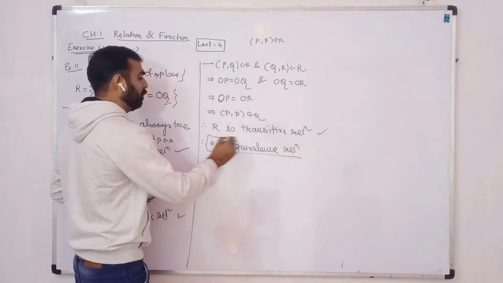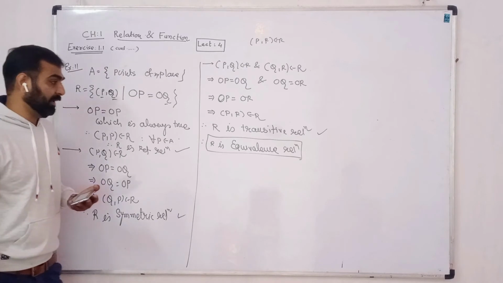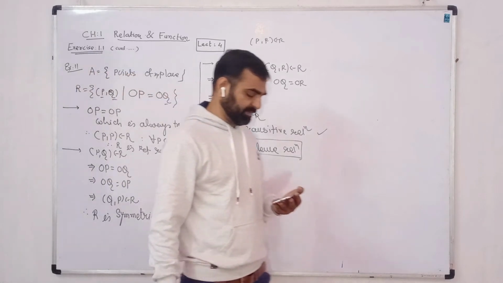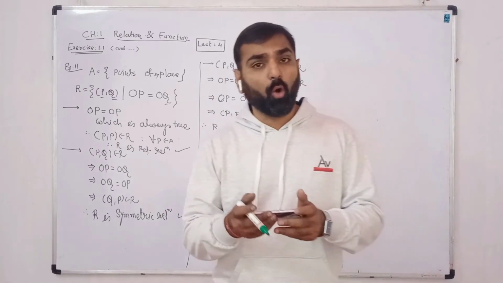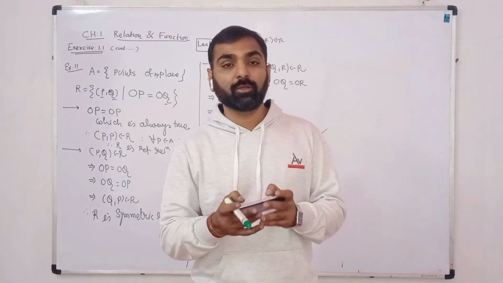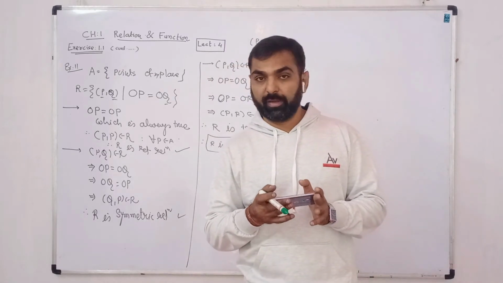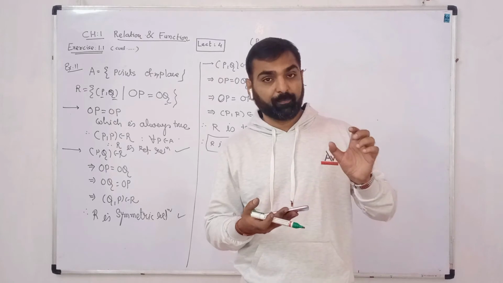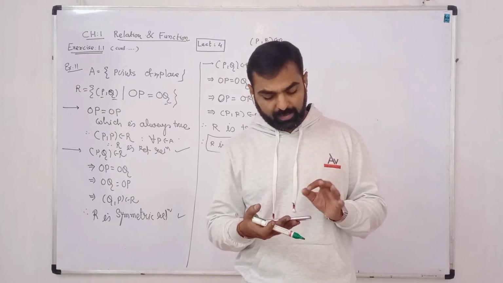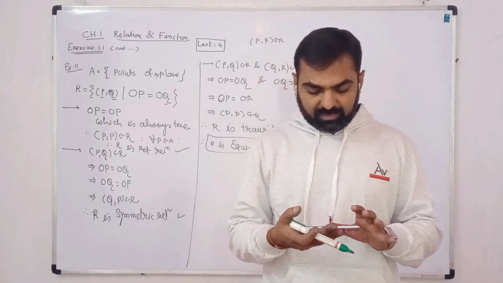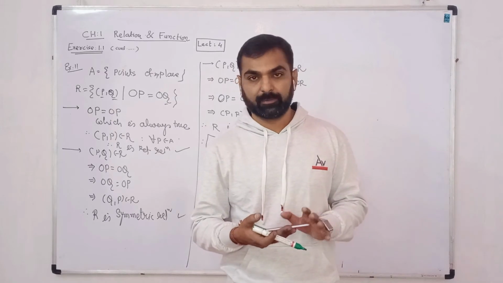Okay, R is an equivalence relation, this is proved. Now next we have to find the equivalence class. Further, show that the set of all points related to a point P, which is not the origin, is the circle passing through P with the origin as center.